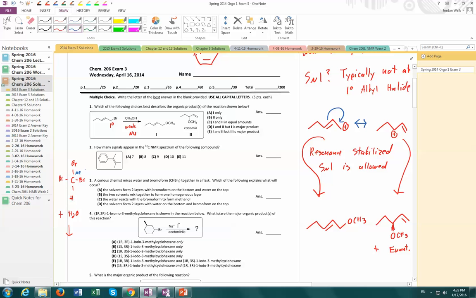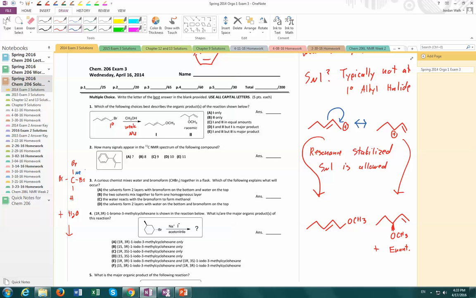So that screams, yeah, we can do SN2, but then it's water. Can we do SN2 with water as our nucleophile? No, so we'd have to do SN1. Can we do SN1 at a methyl? No. So I think we would just continue having tribromomethane with water, and those should form 2 layers.